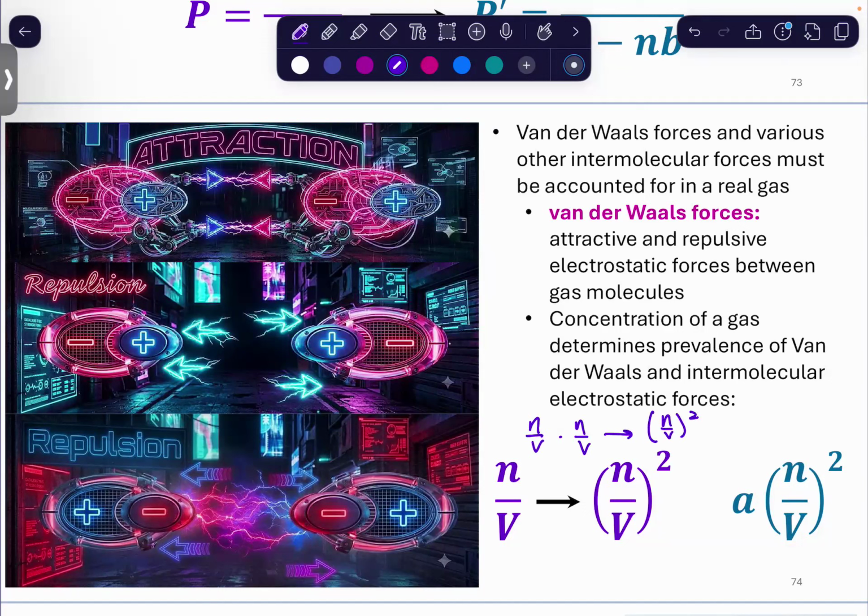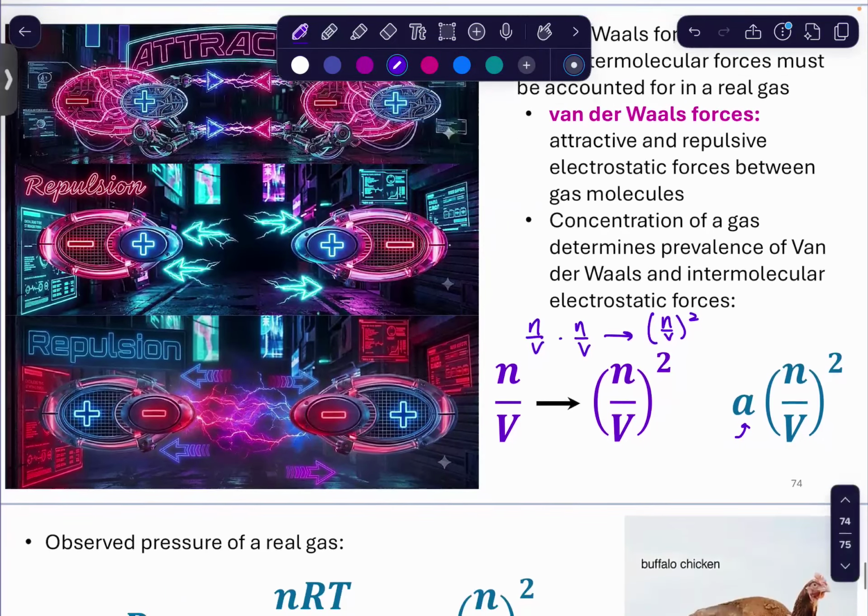That's where that comes from. And then again, it's a proportionality. So you find that your correction to your concentration term has a proportionality constant of a, which again, you would look that up and it's going to be unique to the gas that you're studying.